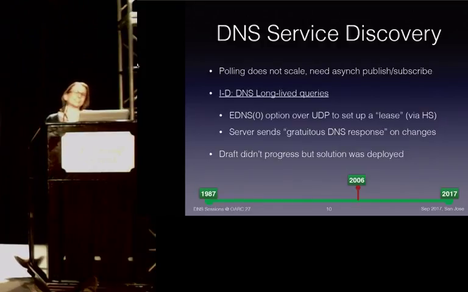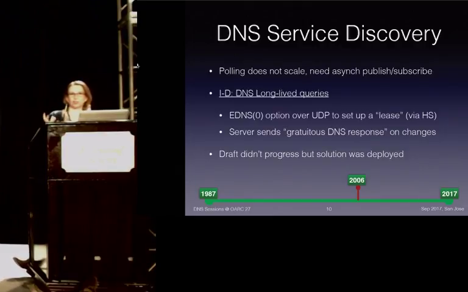So in 2006, there was an interesting draft called DNS long-lived queries. The idea here was that it actually used an EDNS 0 option to do a handshake between the client and server to set up a lease. Under that lease, clients could issue queries, they'd get a response from the server, but the server was then allowed, if the data changed, to send what was called a gratuitous DNS response later on.